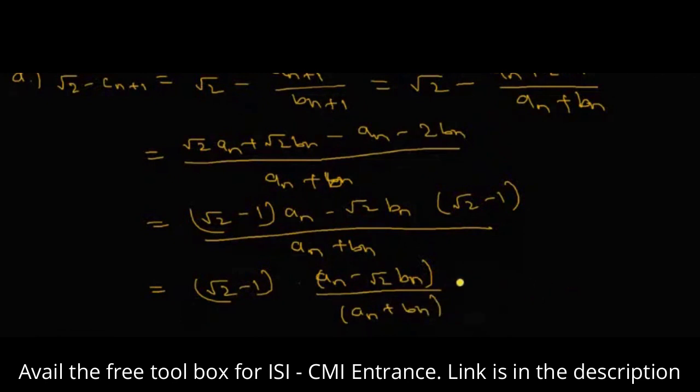So on dividing by b_n, we get a_n by b_n minus root 2, divided by a_n by b_n plus 1, and this is c_n. This will also be c_n minus root 2 divided by 1 plus c_n.